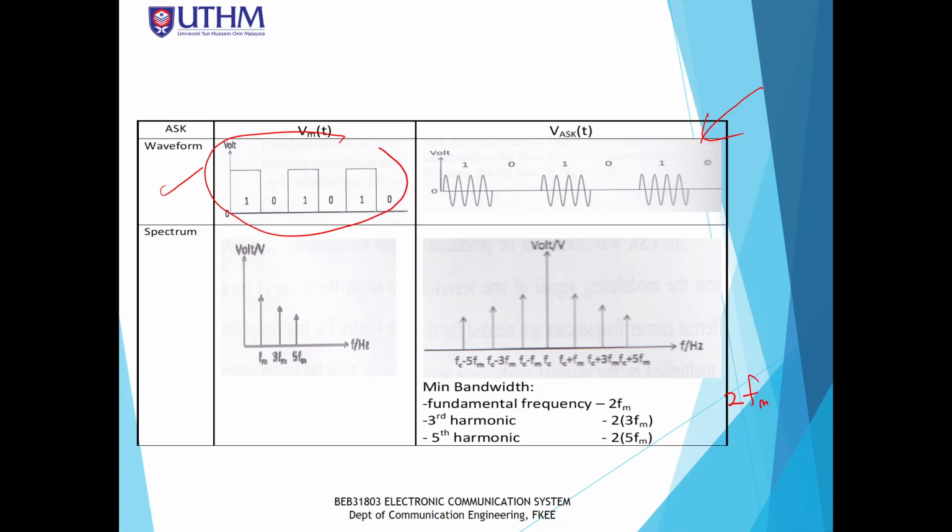If the input frequency goes, for example, up to the 5th harmonic, 5 FM, that means the output bandwidth is going to be 2 times 5 FM, which is 10 FM. Okay, bigger bandwidth. So the general equation for the bandwidth is 2 FM.